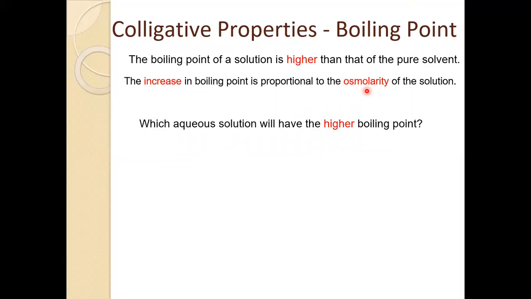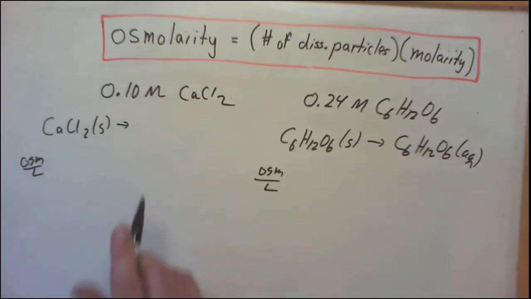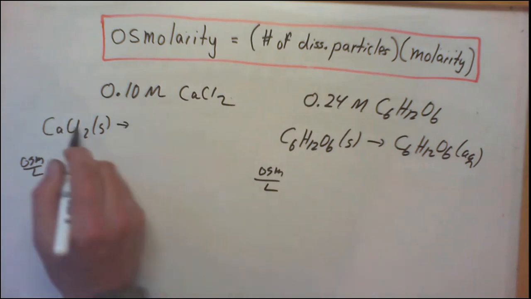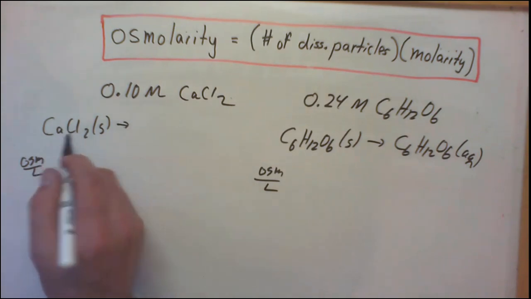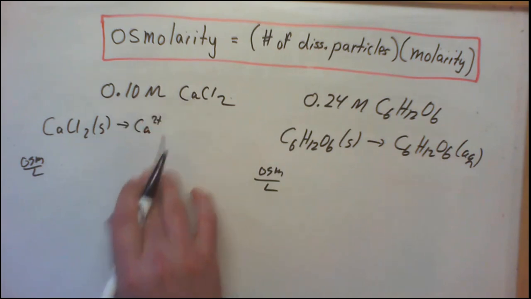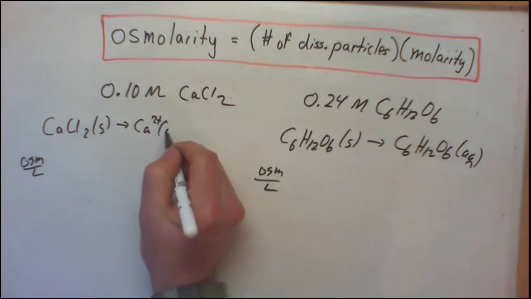And so the question is, which aqueous solution do we expect to have a higher boiling point? Once again, it's really a question of osmolarity. A solution with a higher osmolarity has a higher boiling point. So compare these two, 0.1 molar calcium chloride and 0.24 molar C6H12O6. 0.1 molar calcium chloride is an ionic compound, so it breaks apart into two types of ions, calcium ions and chloride ions.